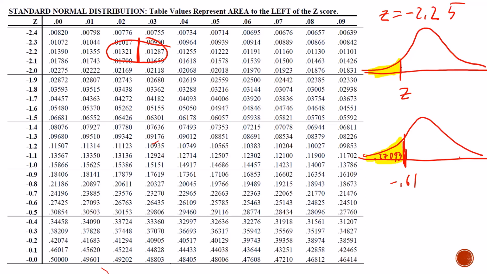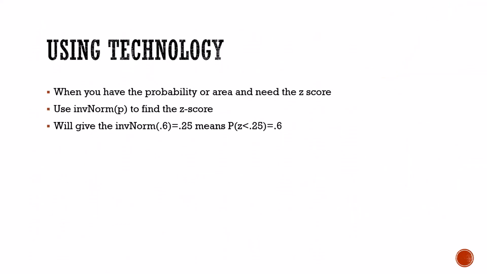Okay, so also technology is there. Students get confused by the names of this stuff, so I just want to show what you can use technology for. Technology uses the left, and you use the inverse normal.